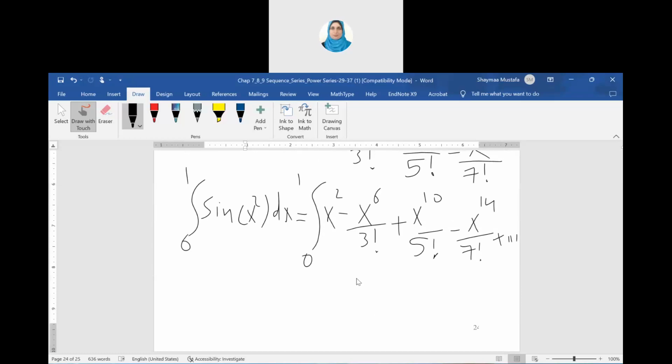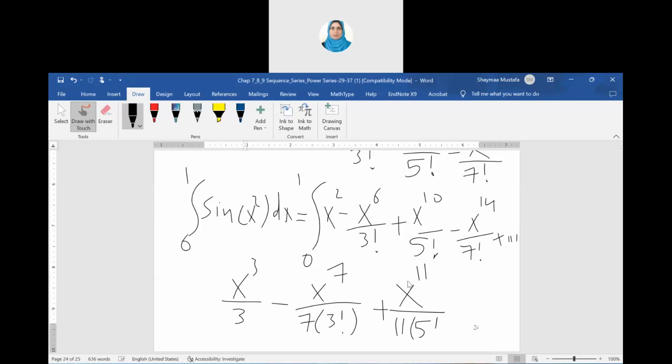So the integration of x squared is x cubed over 3, minus the integration of x to the power 6, which is x to the power 7 over 7 times 3 factorial, plus x to the power 11 divided by 11 times 5 factorial, plus, integrating x to the power 14 becomes x to the power 15 over 15 times 7 factorial, and so on.